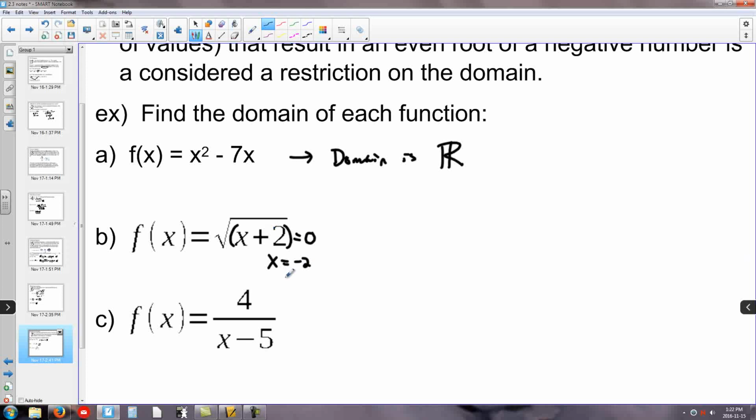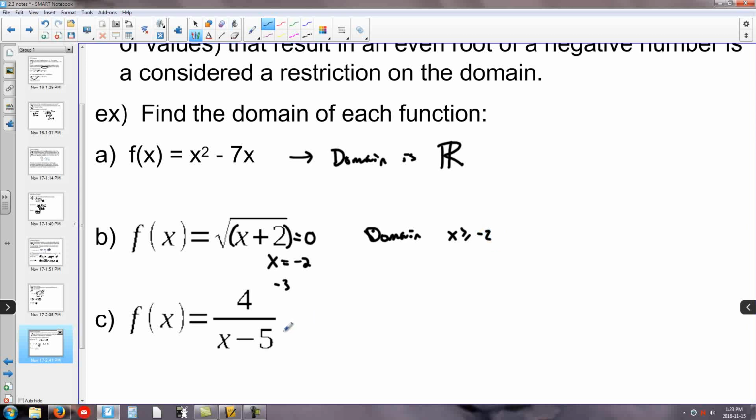But if I go to negative 3, negative 3 plus 2 is negative 1, and I've got a negative inside the square root. So, negative 2 is the last good value, meaning that the domain would be x has to be greater than or equal to negative 2.